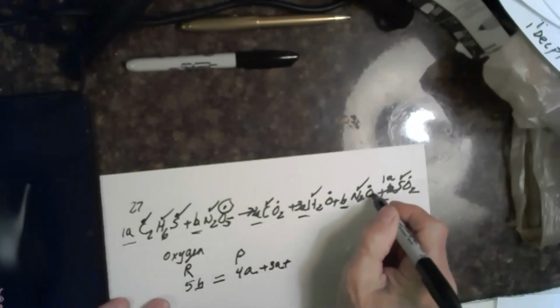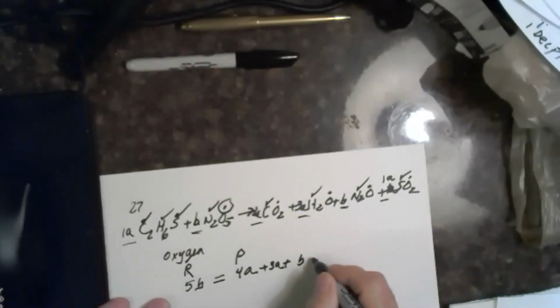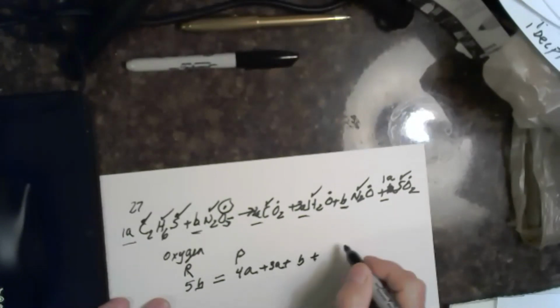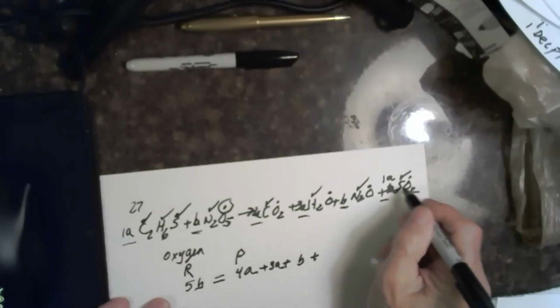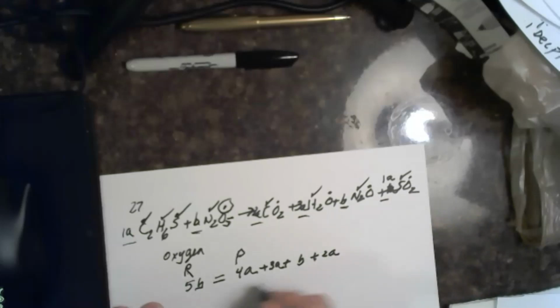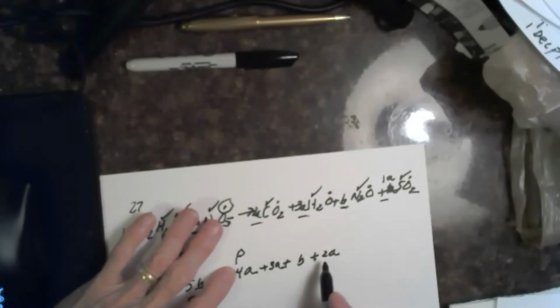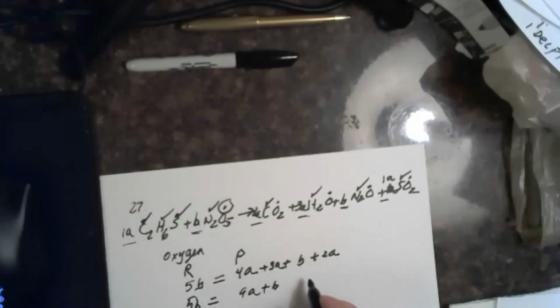I've got oxygen in this one, it's a B. And I've got oxygen in the last one, and that's a 2A. So 5B equals 4 and 3 is 7, 9A plus B. I can subtract a B from both sides. I get 4B equals 9A. So A is equal to 4 and B is equal to 9.